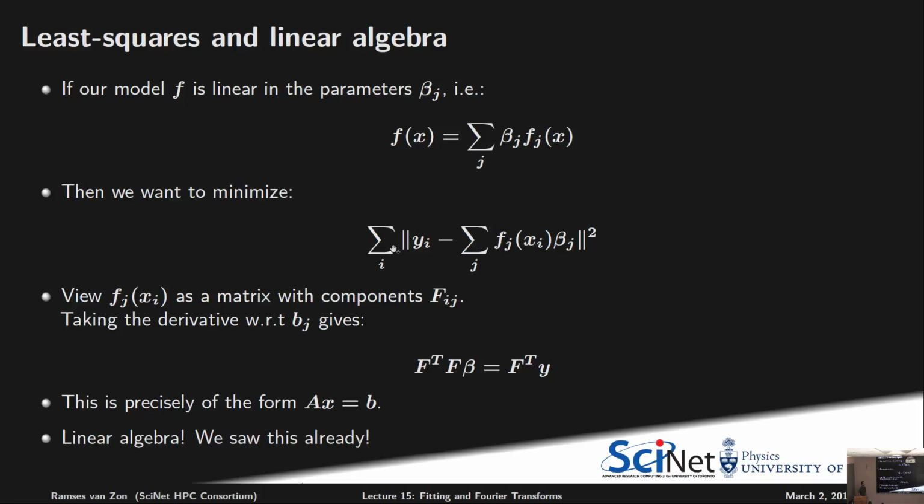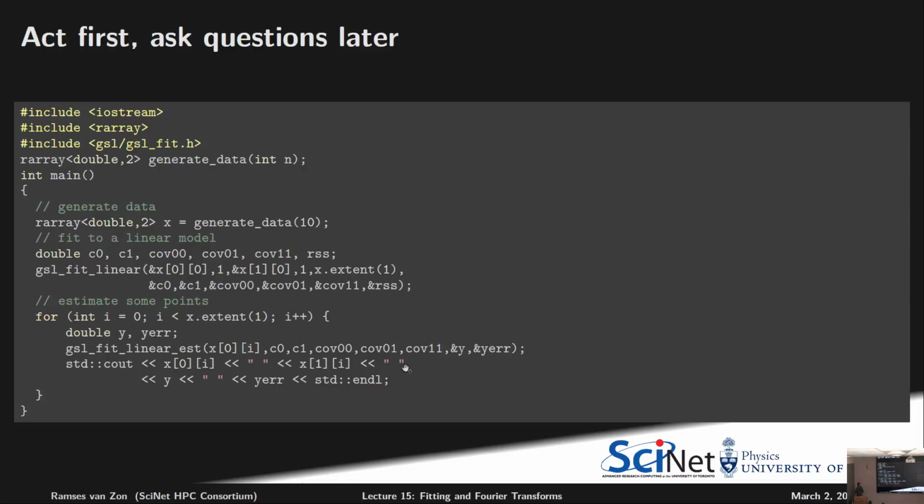The uncertainty here comes from assuming that there is a Gaussian distribution. So you saw that the routine actually returns you an error for this point.